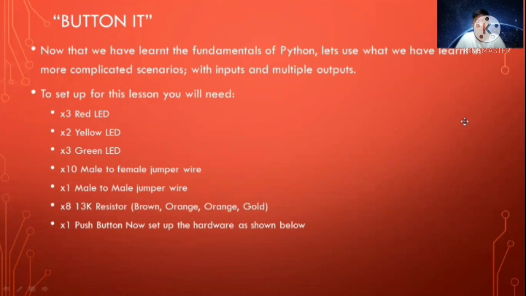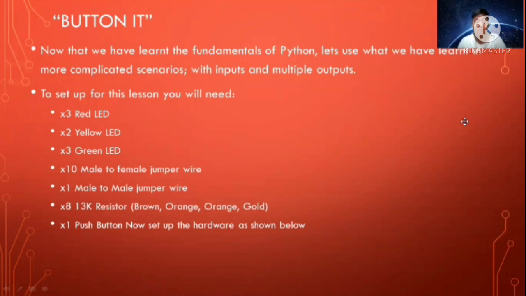To set up for this lesson, you will need 3 red LEDs, 2 yellow LEDs, 3 green LEDs, male to female jumper wires, 1 male to male jumper wire, 8 pieces of 13K resistors that have brown, orange, gold, and 1 push button.